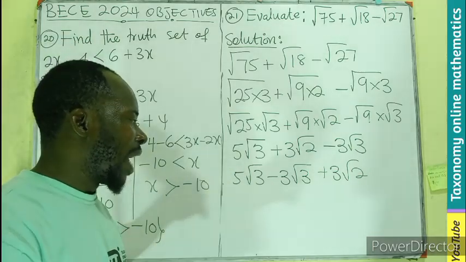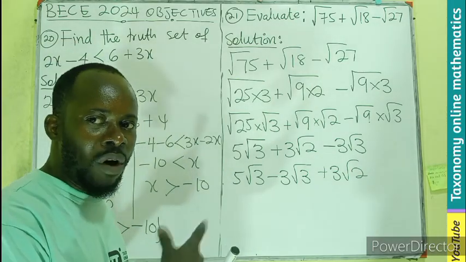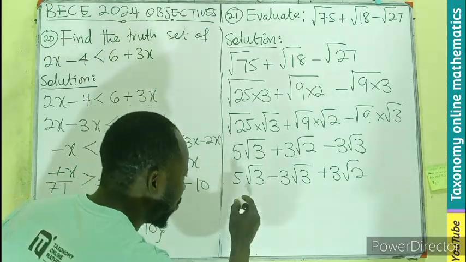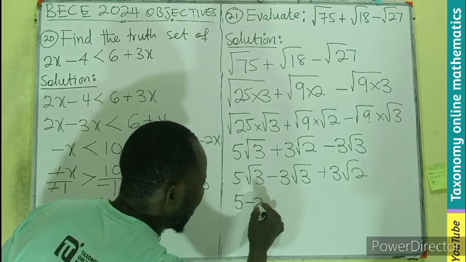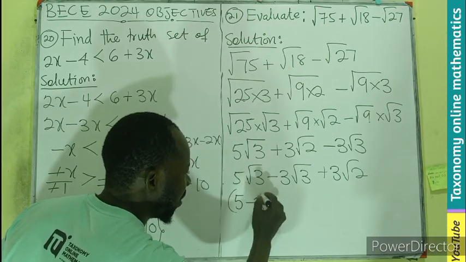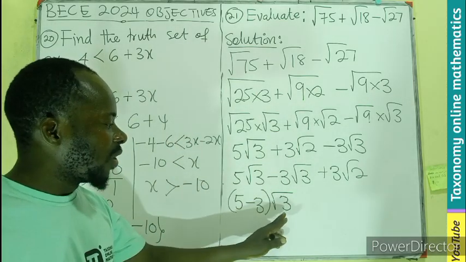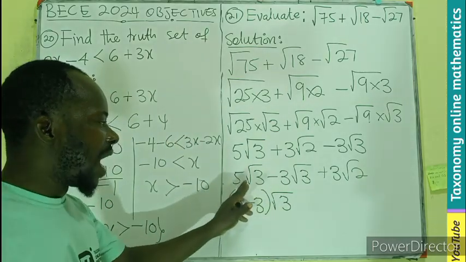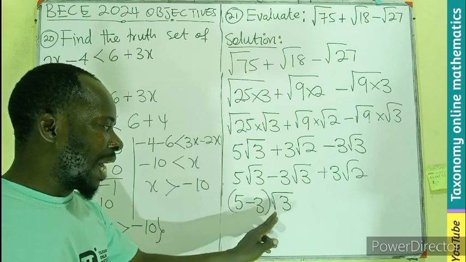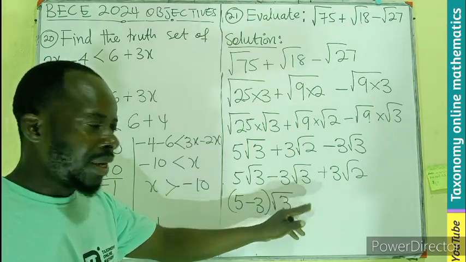This simply means that we are going to pick the coefficient of the like set, meaning 5 minus 3, that is the coefficient. Then we bring the root 3. So that when I expand root 3 times 5, 5 root 3, minus root 3 times 3, 3 root 3.